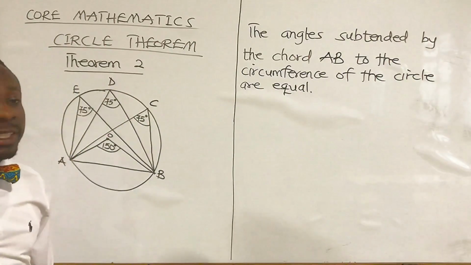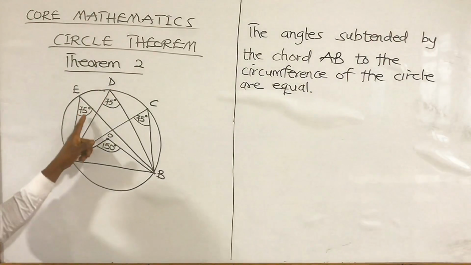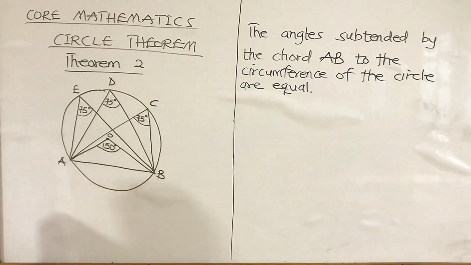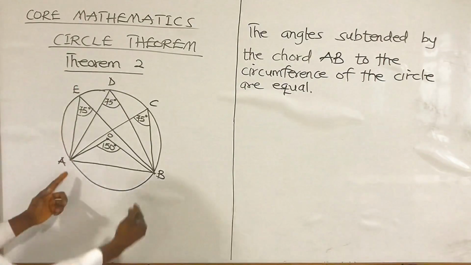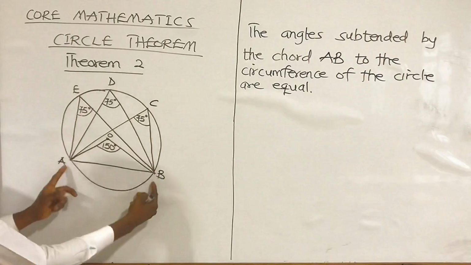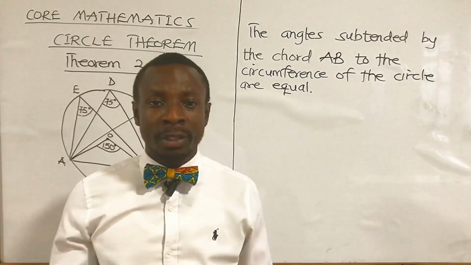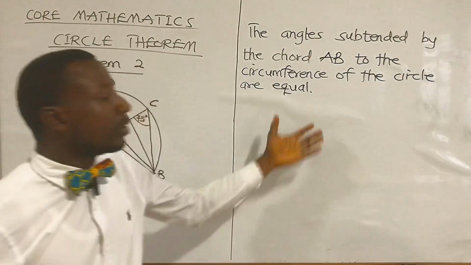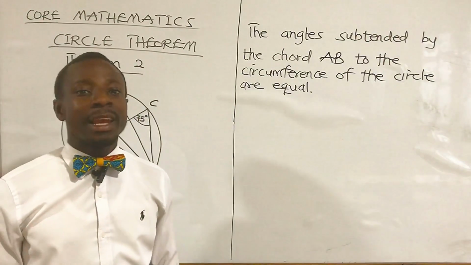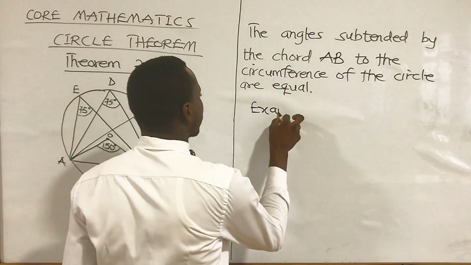So if you look at the reason, we have the angles. The angles here, I am referring to the three angles we have. They are all subtended by the same chord AB to the circumference of the circle, and they are all equal because they are coming from a common chord. So this is Theorem 2. Let's look at an example.